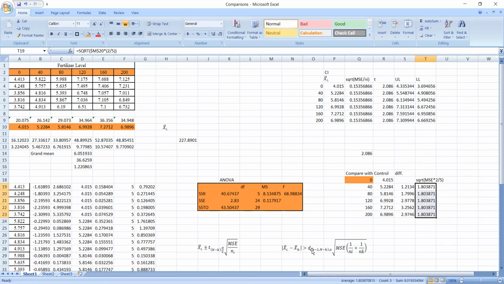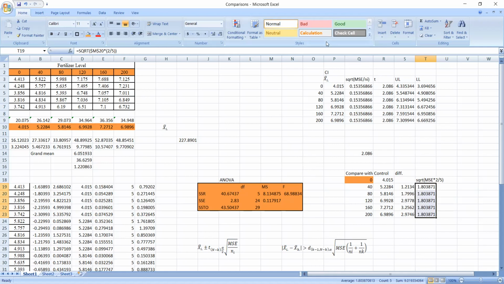And now another term is left, that is, we have to read from the Donet table. So you can see you have here as the degrees of freedom, k minus 1 and n minus k. So based on this example, altogether you have 30 observations and you have 6 treatments, right? So 30 minus 6, it would be 24, and 6 minus 1, it would be equal to 5. So that value you have to read from the Donet table.